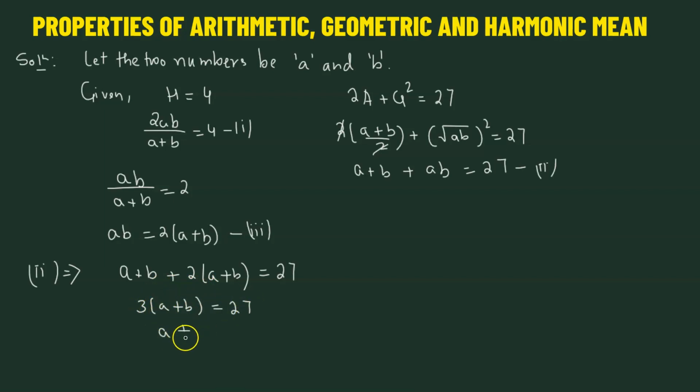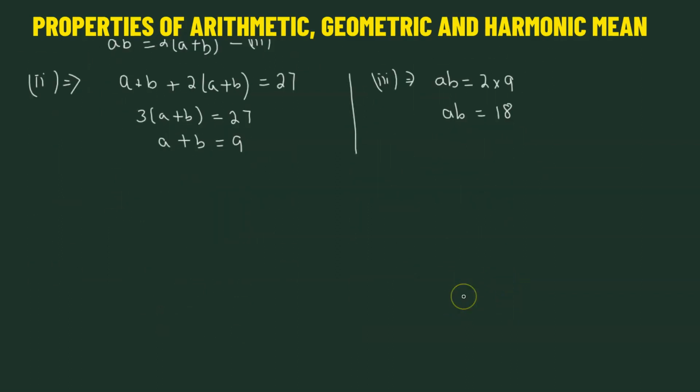And this gives us the equation A plus B is equal to 9. Fine. Now that we have the value of A plus B, we can use equation number 3 to find the value of AB. From equation number 3, AB equals 2 times (A plus B), so that's 2 times 9. So we have AB equals 18.